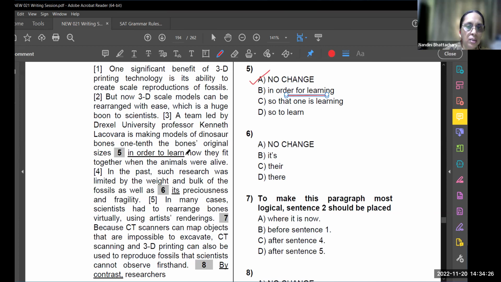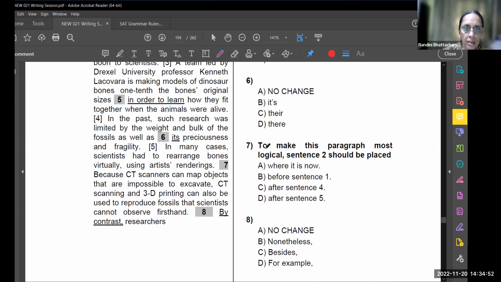In order to learn is correct. It won't be in order for learning or in order of learning, so that one is learning. Even that is wrong. So here, first thing we have to see the tense. Secondly, the idiomatic expression, right? So your answer is no change, in order to learn.